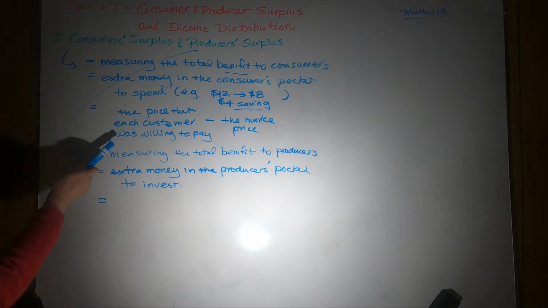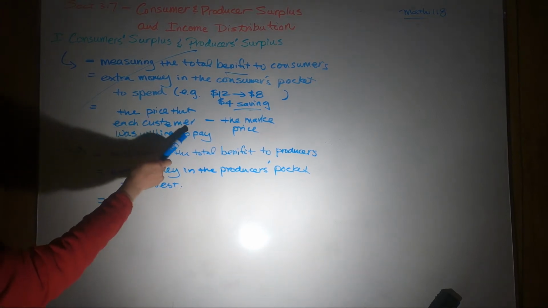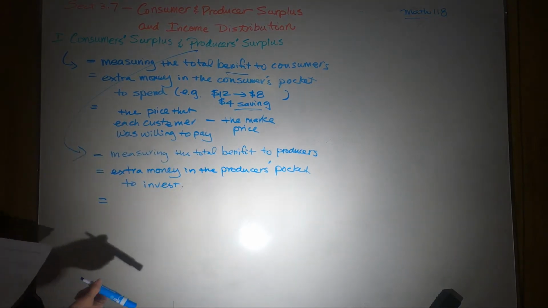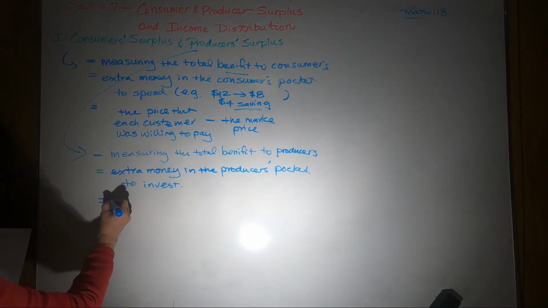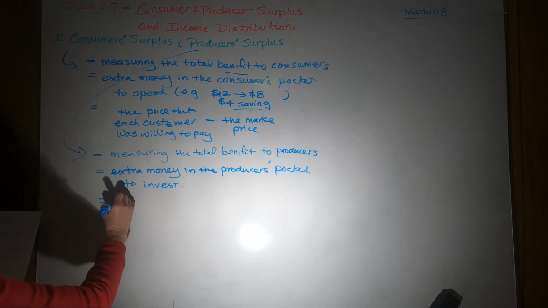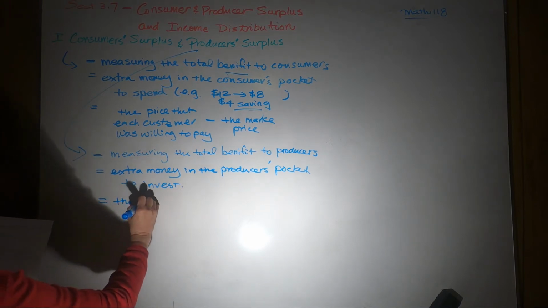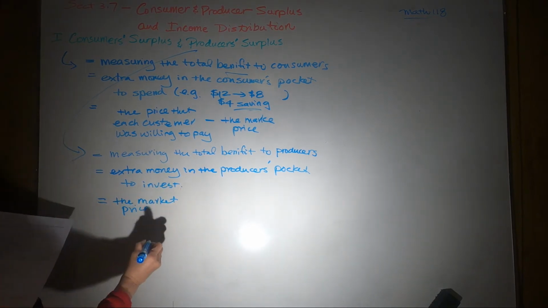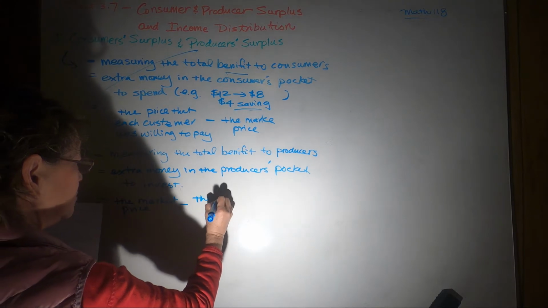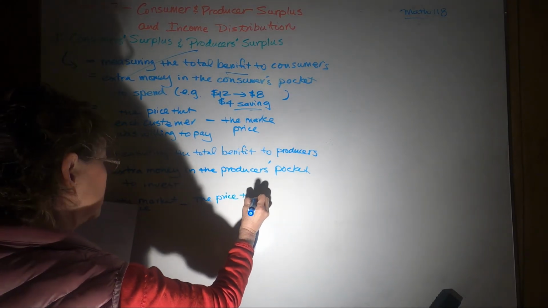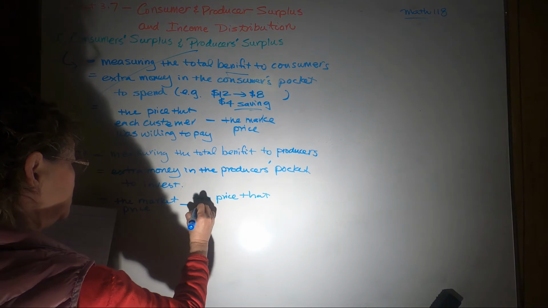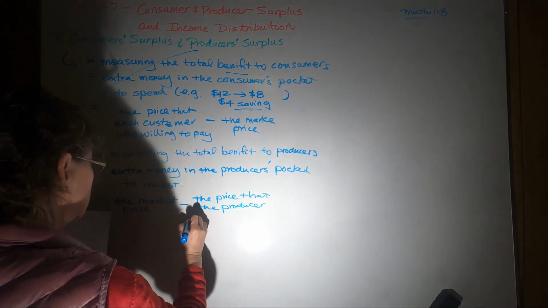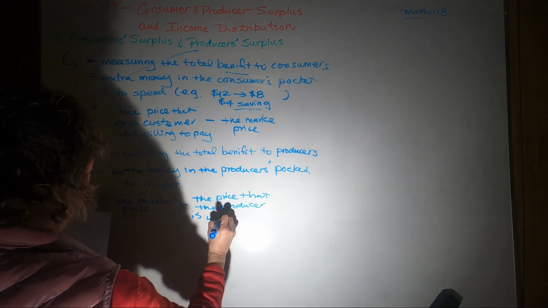Then consider a product. The consumer surplus would be the price each customer was willing to pay minus the market price, right? Then for the producer, from their point of view, it will be the market price minus the price that the producer is willing to take.